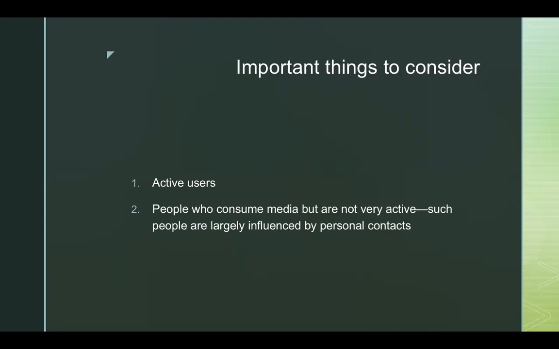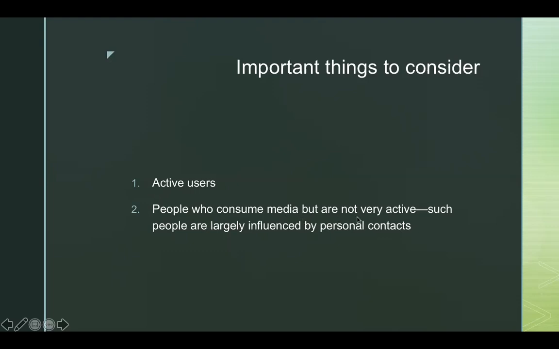Now consider the two step. In two-step model, it says that there are actually two categories of people. There are active users of media. Active users are those people who consume media a lot. And especially in 1940s, of course, it was newspapers and radio. And similarly, there is other category of people who consume media but are not very active.